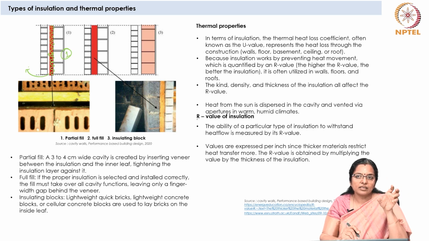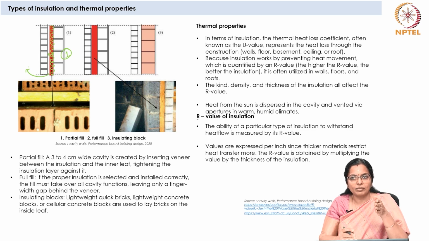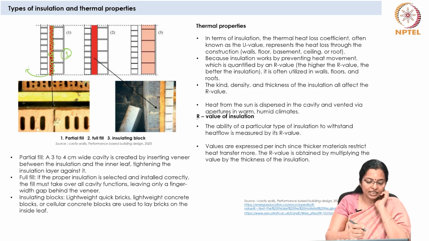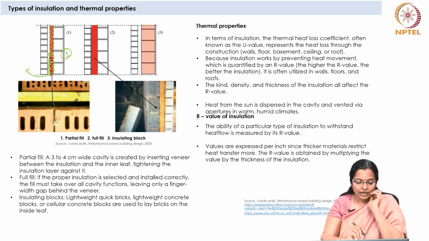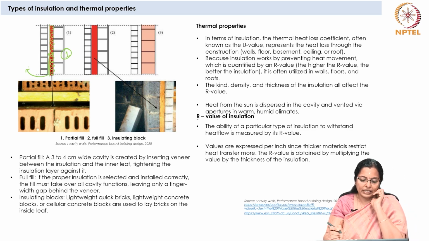So, in this 3 to 4 centimeter wide cavity which is created between the two walls, a veneer between the insulation and the inner leaf is kept to tighten the insulation layer against the second wall. Next is the full fill.